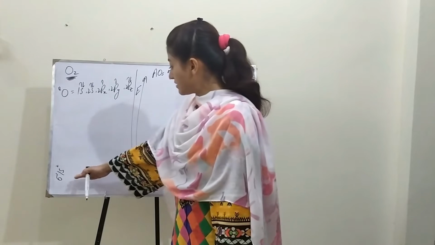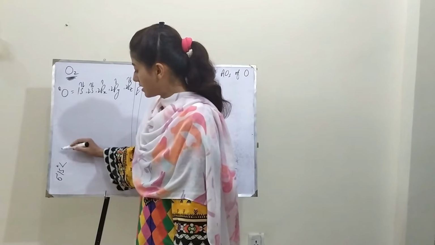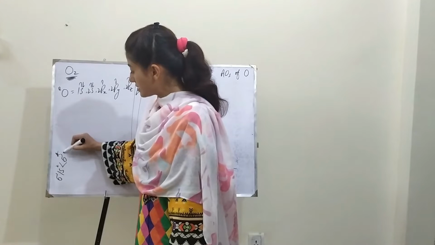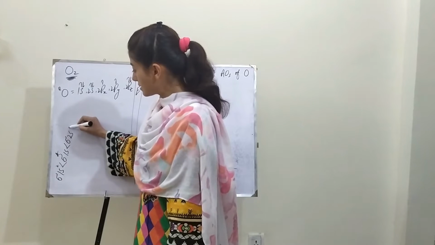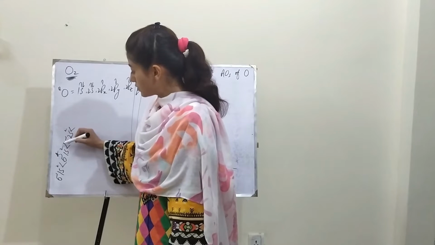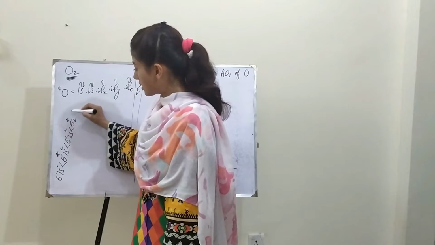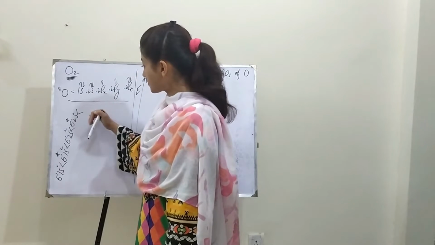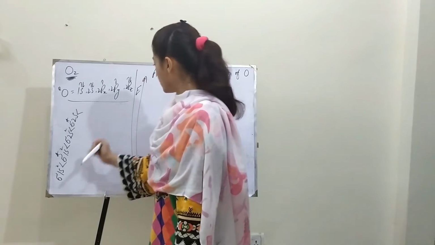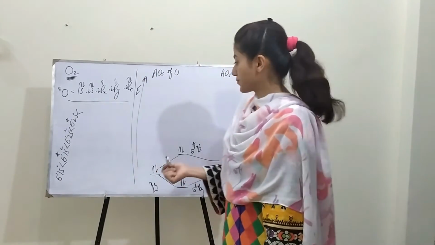So its energy level would increase as sigma 1s, then sigma star 1s, then sigma 2s. Here there are 2 electrons in all of these orbitals. Here sigma star 2s, and then after this one we see the case with these 3 p orbitals.